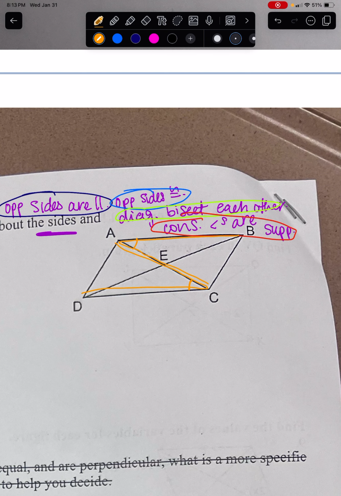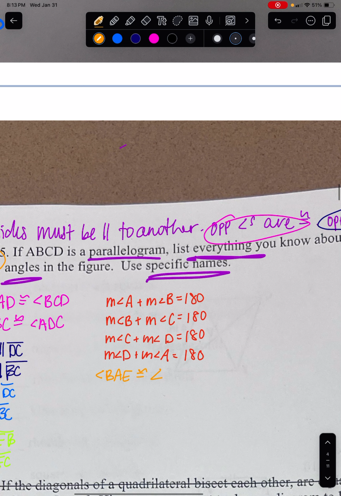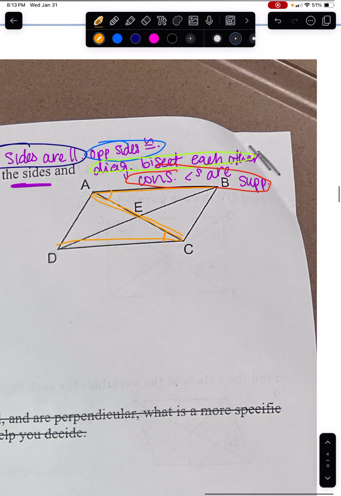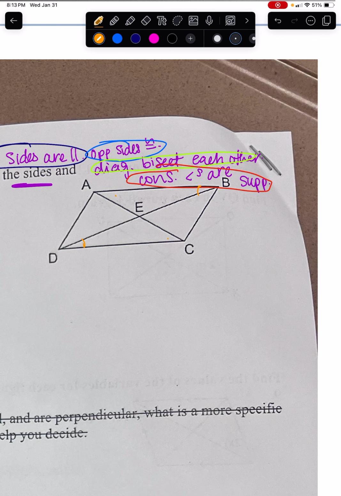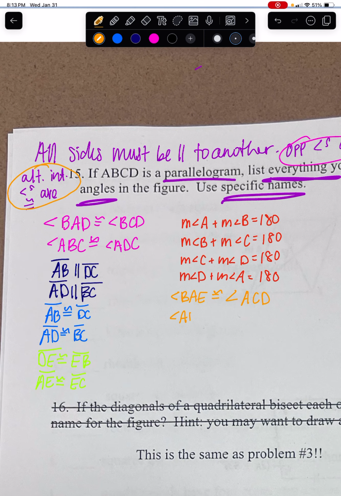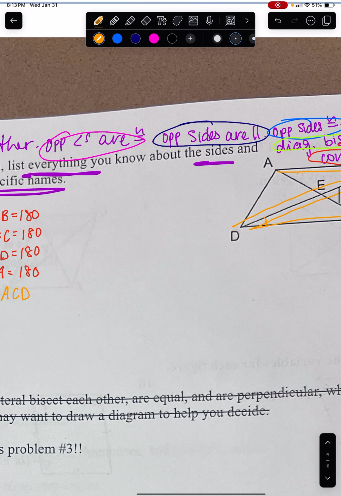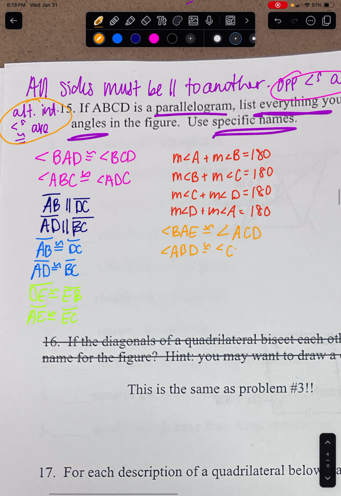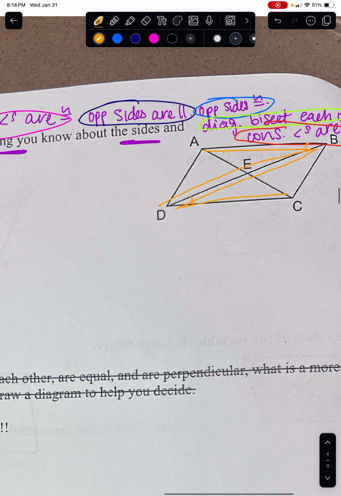Either one works, so that's ACD. Okay, what else do we have? We have this angle congruent to this angle. So that's ABD. ABD is congruent to angle CDB. Okay.